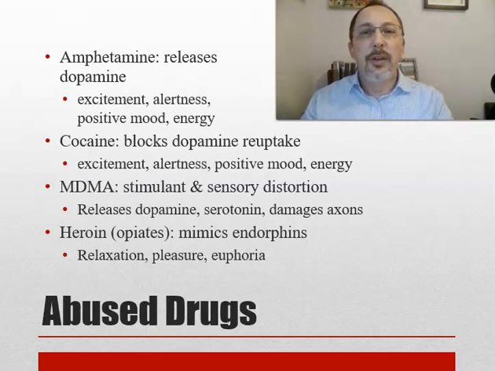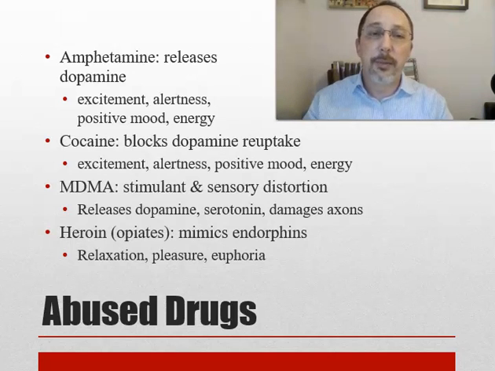When we look at how these work, amphetamine, we said, releases dopamine, creates excitement, alertness, positive mood, and energy. Cocaine blocks dopamine reuptake, so you have more dopamine available in the synapse. Same effects as amphetamine. MDMA, commonly known as ecstasy, really works with both the stimulant and sensory distortion.